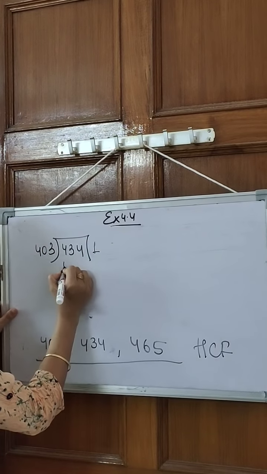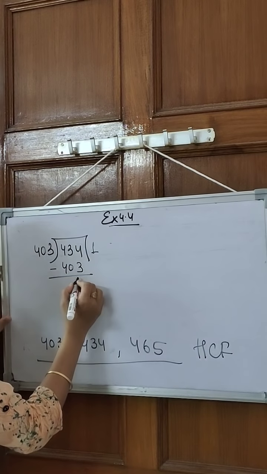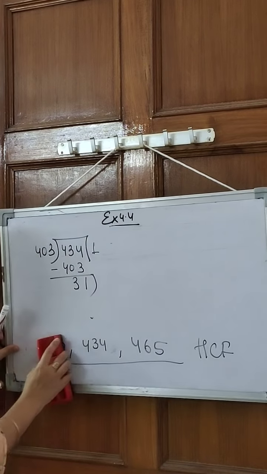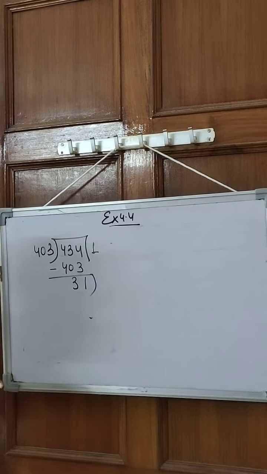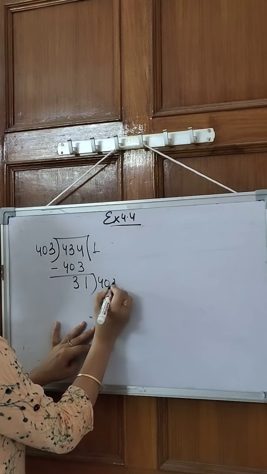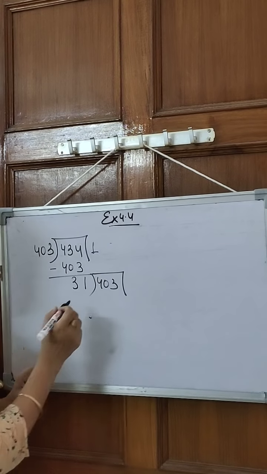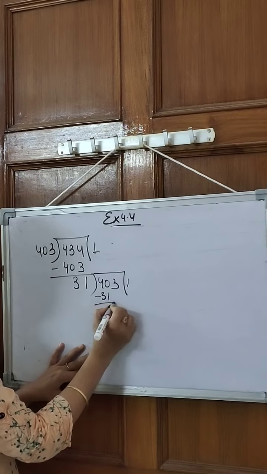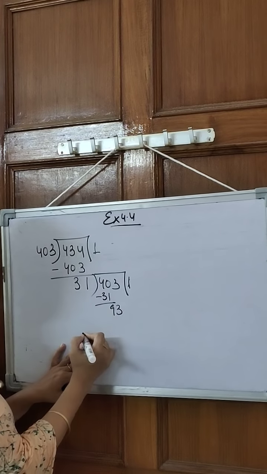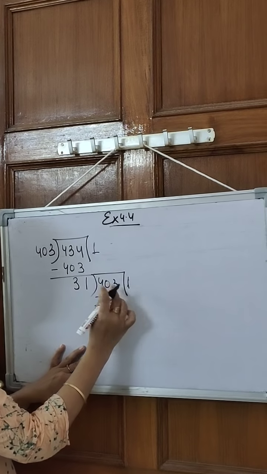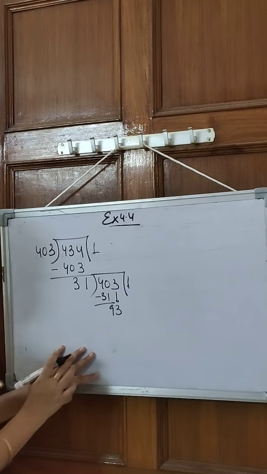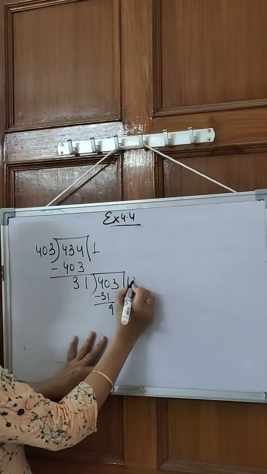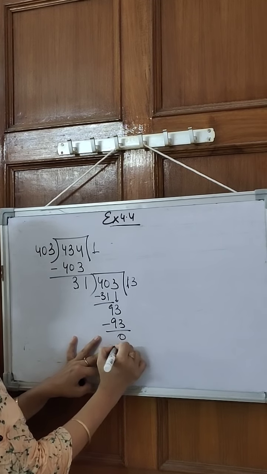So 403 and 434. I get 31 as the remainder, and if 31 is the remainder, this means I have to continue with my division. 403 divided by 31 is 13, so it is completely divisible.